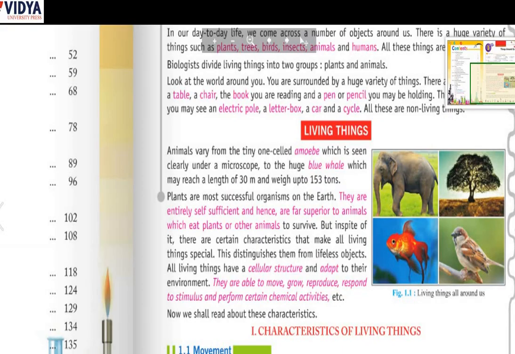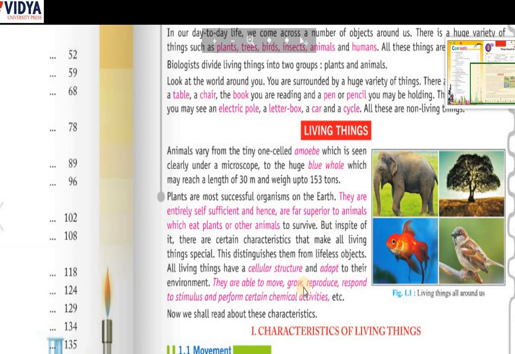Now see, in the next paragraph we will be talking about living things. And living things vary from one single celled amoeba to the huge blue whale, and plants are the most successful organism on the earth as they are self-sufficient to make their own food and hence far superior to animals which eat plants or other animals.